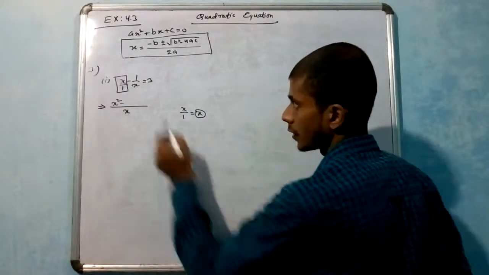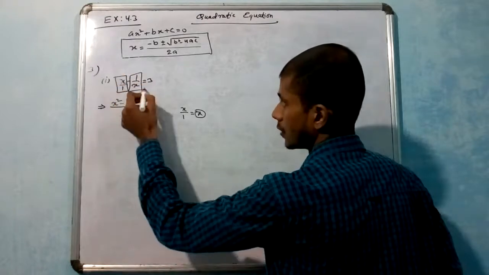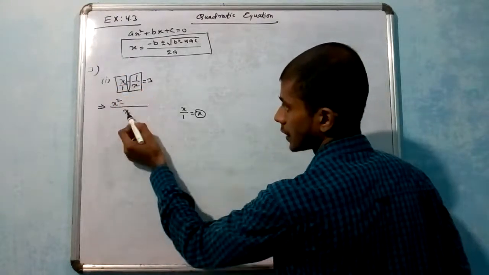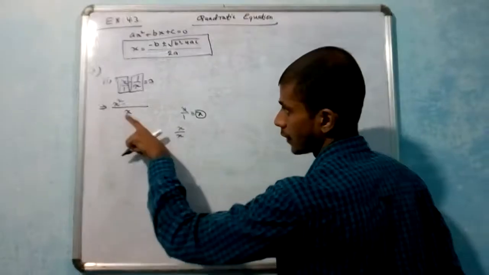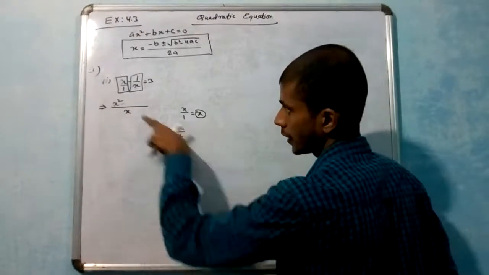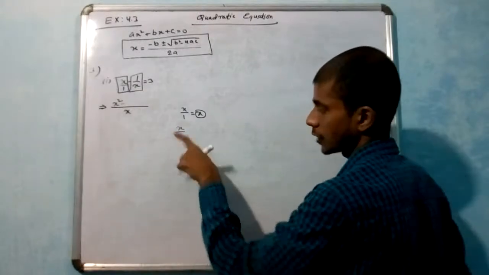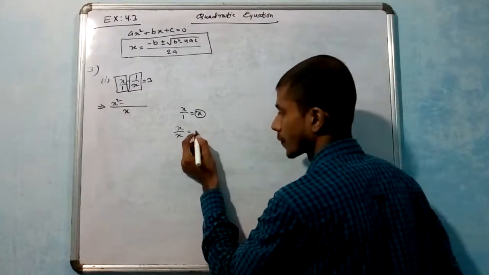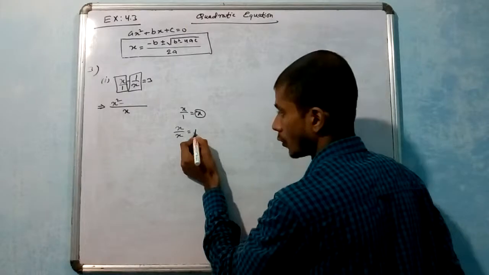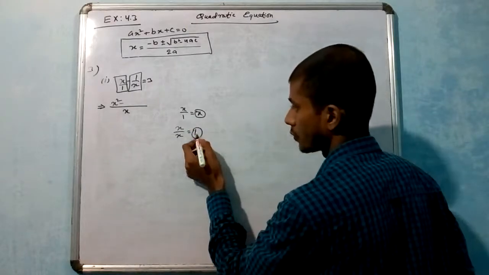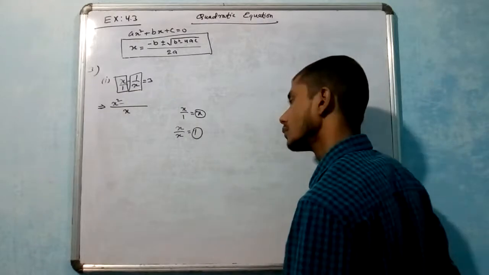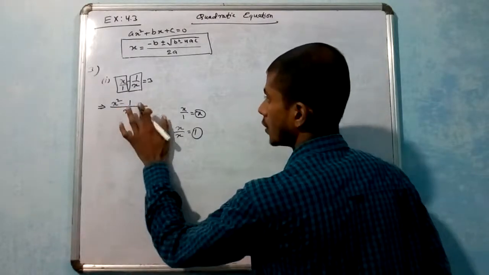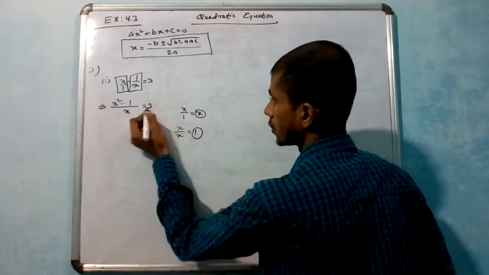After that, come to the second fraction. Divide this LCM by the denominator of the second fraction. So x by x is 1. This is the quotient. Now multiply it with the numerator, so 1 into 1 is 1, and it is equal to 3.